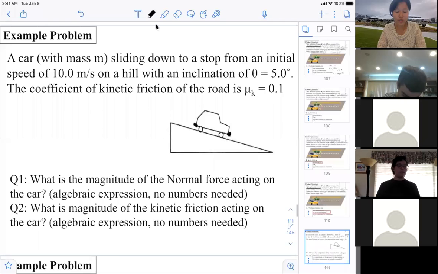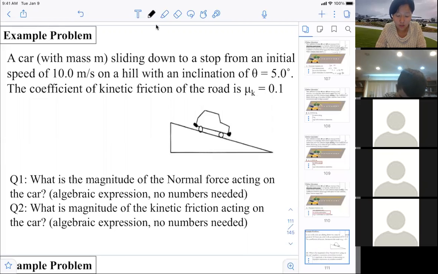Let's look at a problem where we utilize both the kinematics and the dynamics we just learned. We have a car of mass m sliding down to a stop.